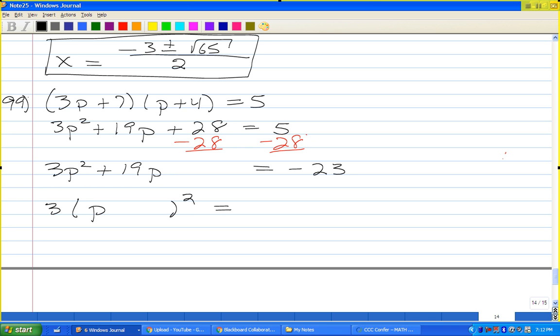So I have 19 divided by 6. And so let me multiply that out. 19 squared is 361 over 36.